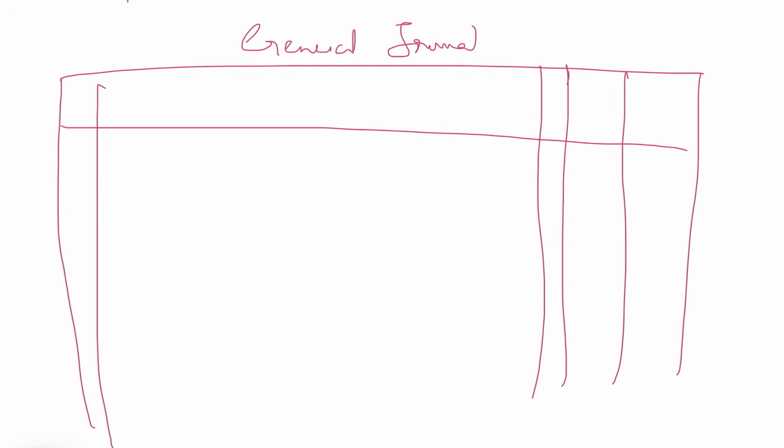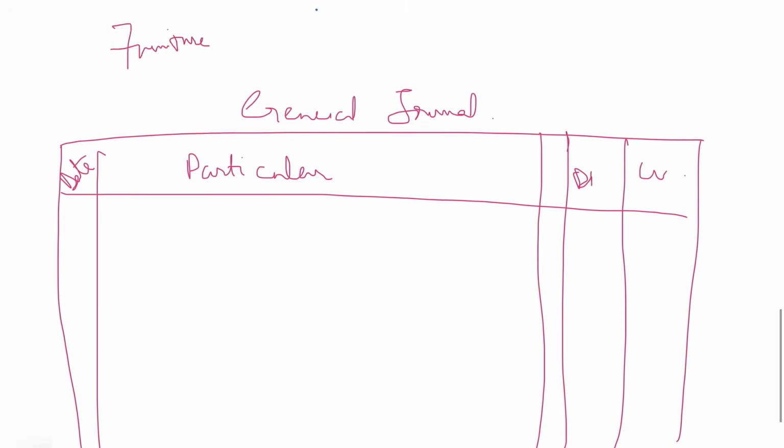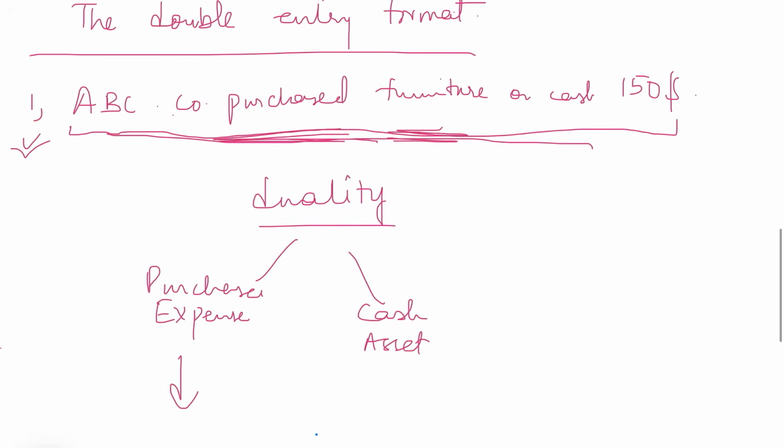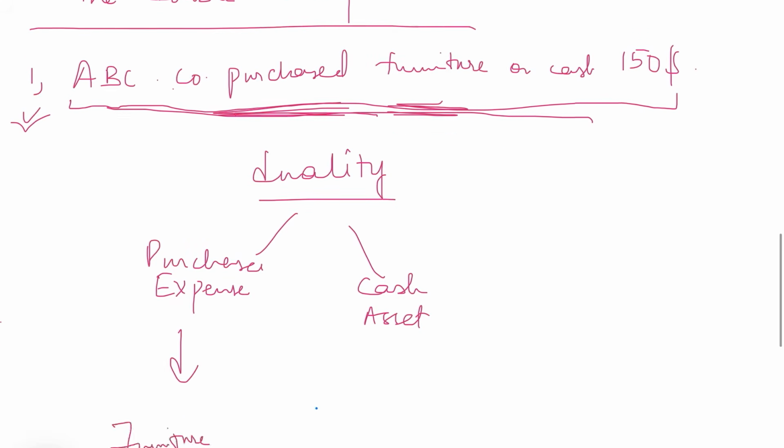It's a simple format of journal. In ACCA, you are not going to be asked to make the whole format. It is simply that you can understand what the formats of each and everything are. So these are the debits and these are the credits. Now in this transaction, as you can see, ABC company purchased furniture on cash, $150.